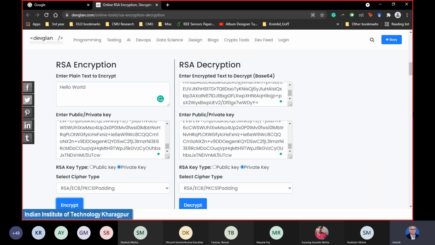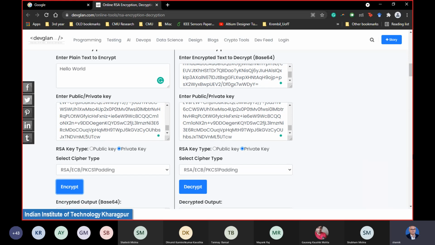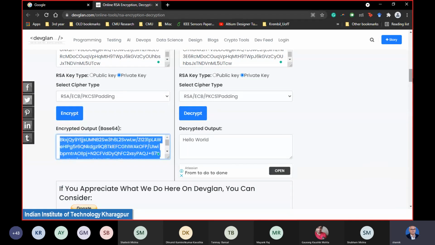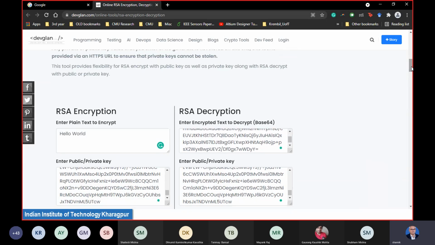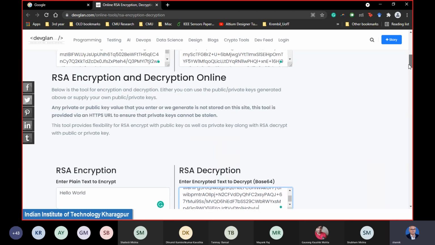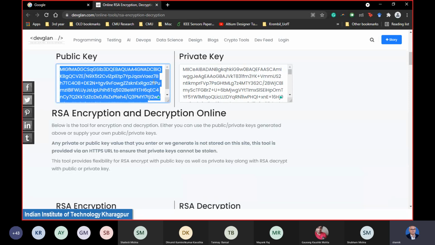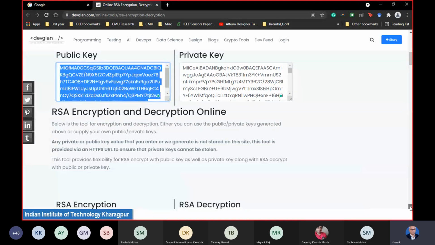So now I'll encrypt it. This is the encrypted output, and I am selecting that. Now I will send to Mr. X that hello world in plain text, and then I will send that cipher text, which was encrypted with my private key, which I have pasted here.